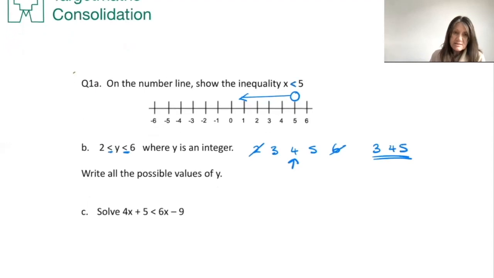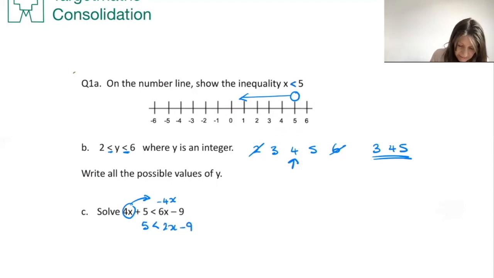Solve means I've got to get x on its own. So first job is to get the x's together. At the moment, I have got x's on either side, haven't I? So that is going to land as take 4x. So that's going to give me 5 is less than 6 take 4, 2x minus 9.